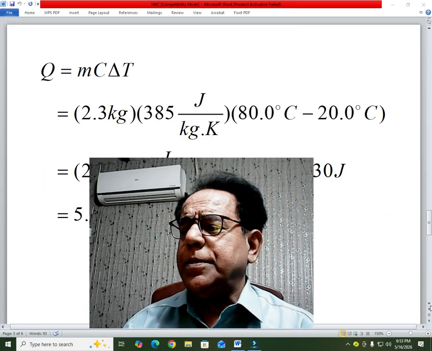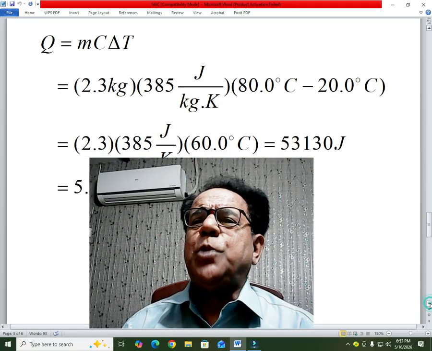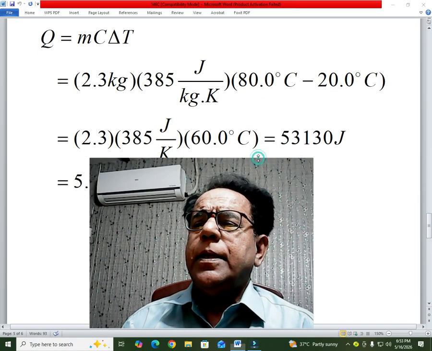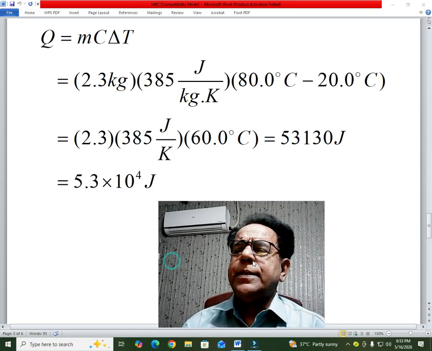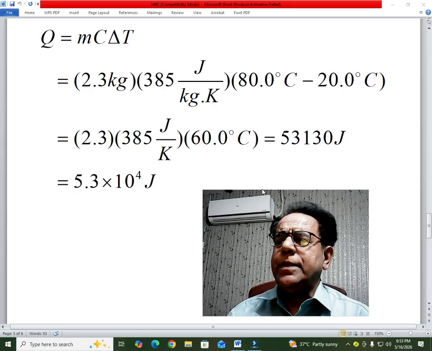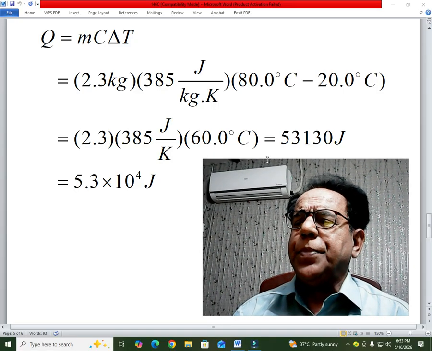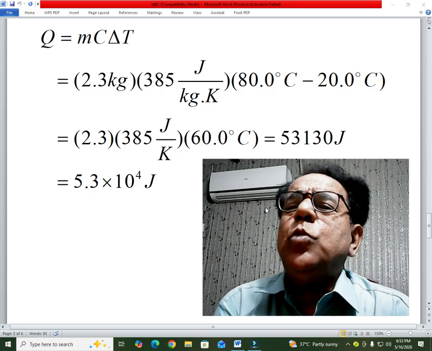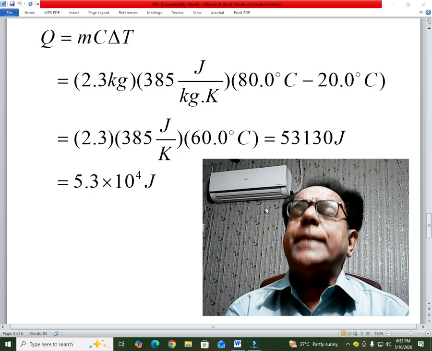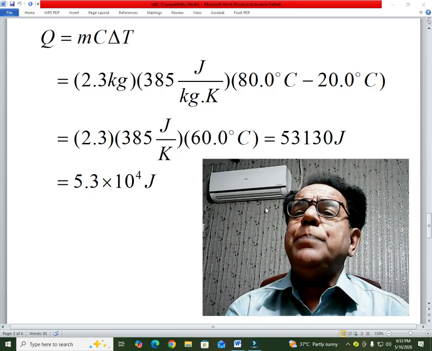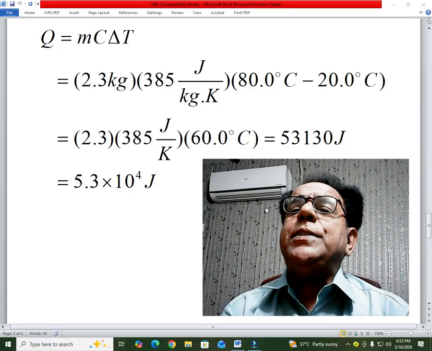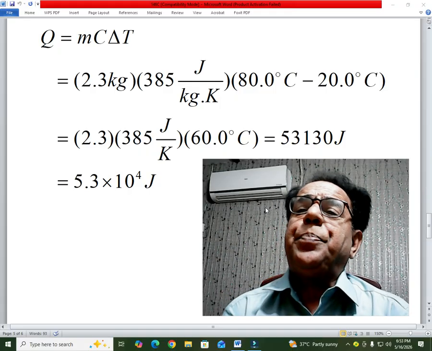This is the formal solution of this problem. First is the given formula: Q is equal to mc delta T. M, mass, is provided in the problem statement, which is 2.3 kilogram.